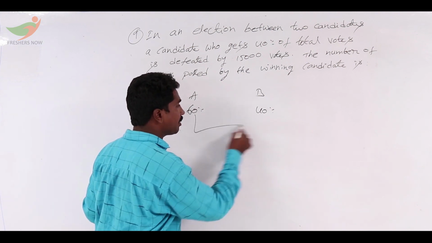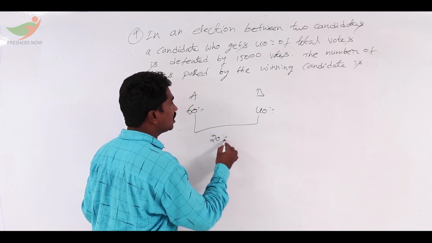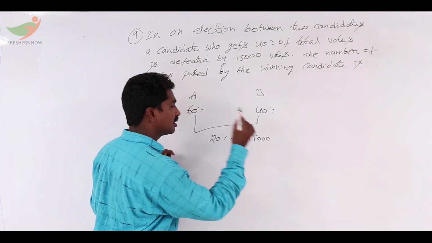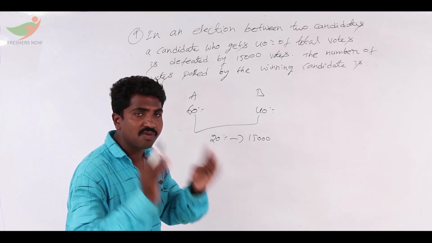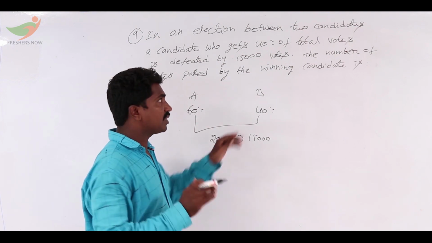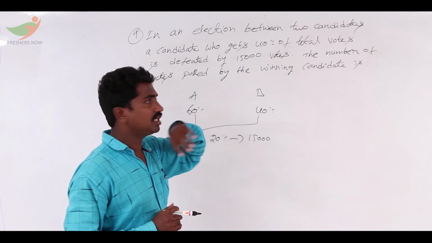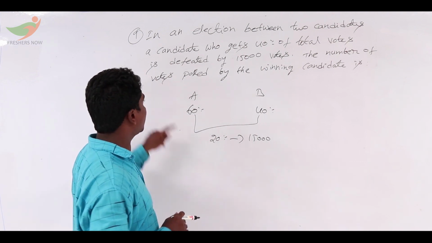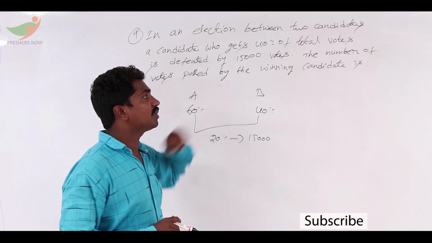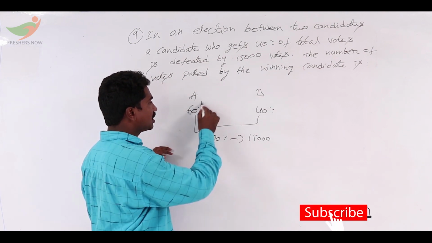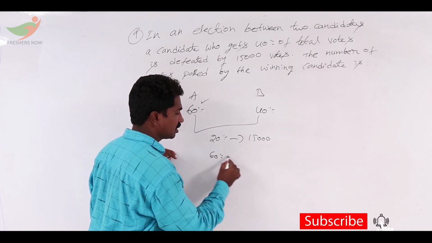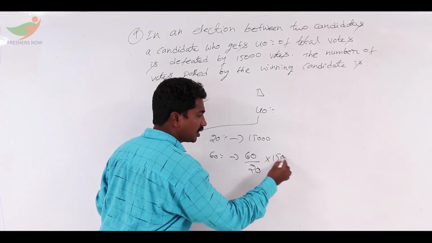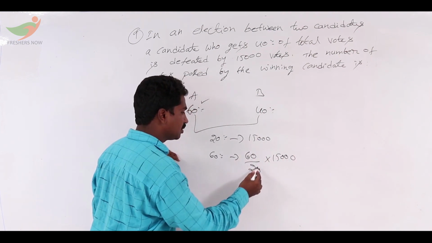Here the difference in the percentage value is 20% and the difference in the votes is 15,000. He defeated. Why? Because there is a certain difference in the percent value and the difference in the votes he has already given. So 20% is 15,000. He is asking the number of votes polled by the winning candidate. 60% how much? 60 by 20 into 15,000.